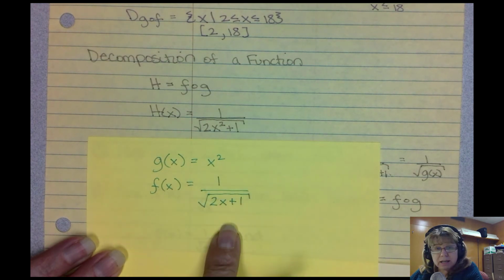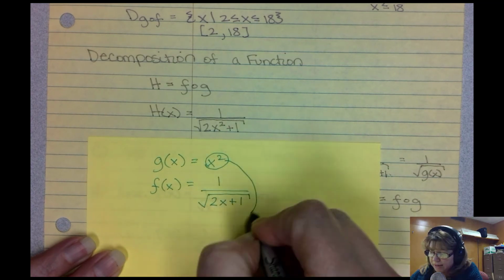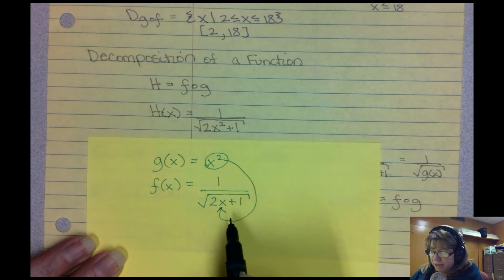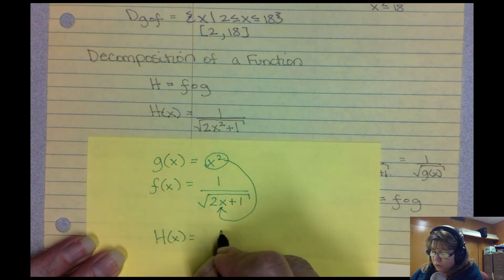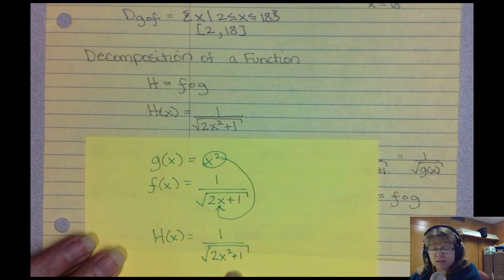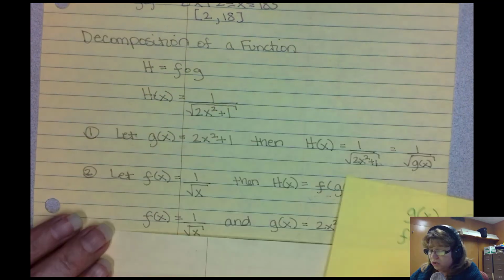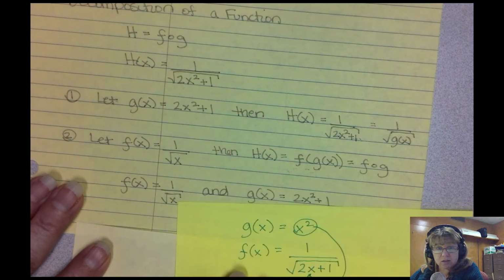This is another option because you can see if I put this x squared right there, I get back to h of x, 1 over the square root of 2x squared plus 1. There are several answers. This is just one possible solution.